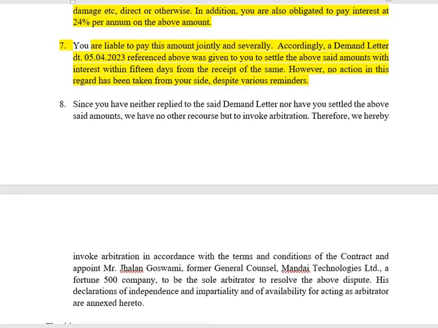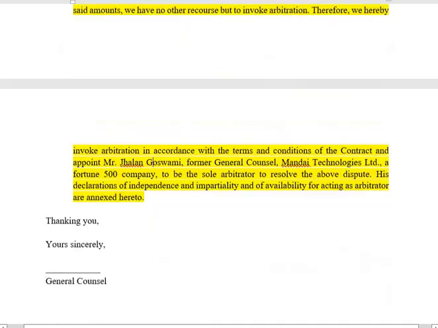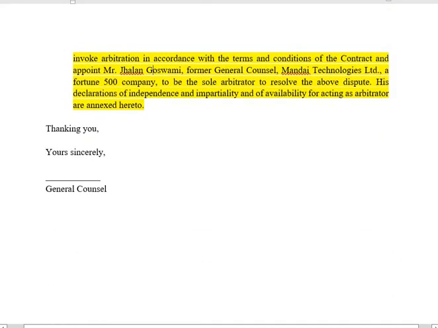Therefore, we hereby invoke arbitration in accordance with the terms and conditions of the contract and appoint Mr. Jalan Goswami, former General Counsel, Mandai Technologies Limited, a Fortune 500 company, to be the sole arbitrator to resolve the above dispute. His declarations of independence and impartiality and of availability for acting as arbitrator are annexed here too. And then there is a signature.